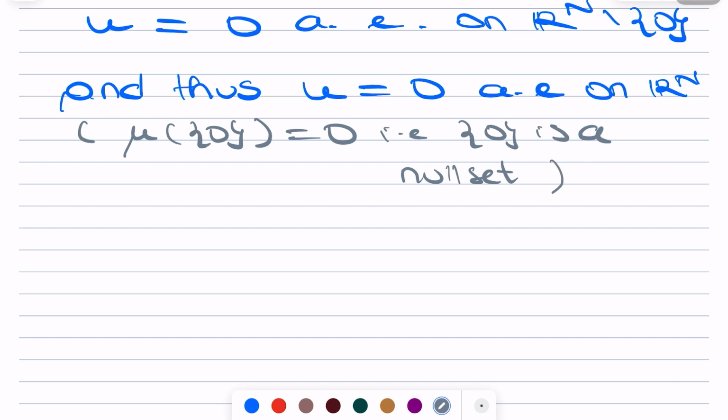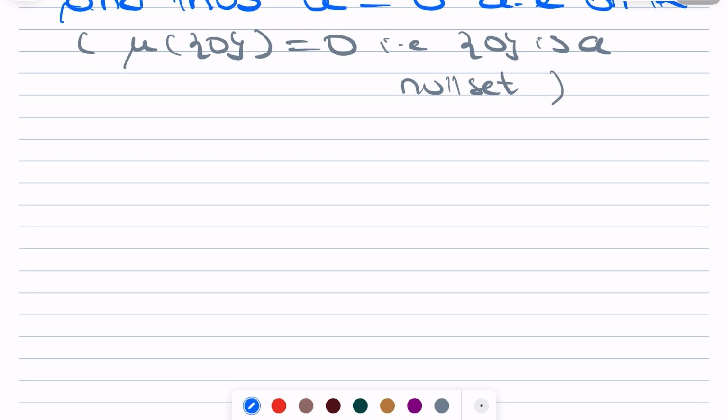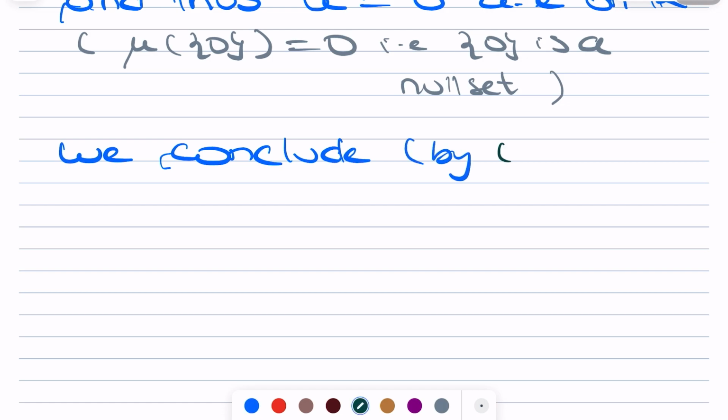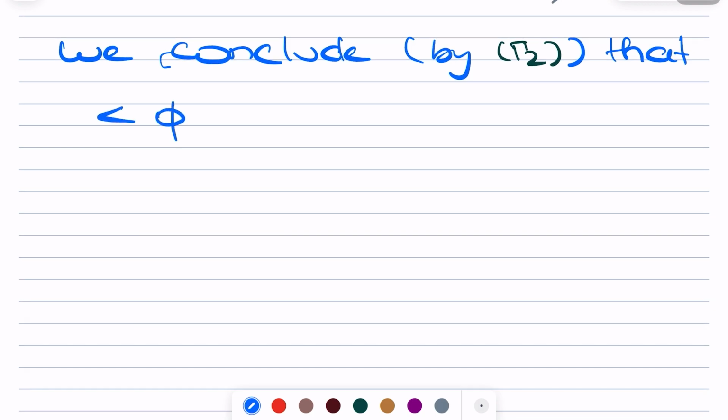So we conclude from gamma 2 that phi f is equal to 0 for every f in L infinity of Rn.